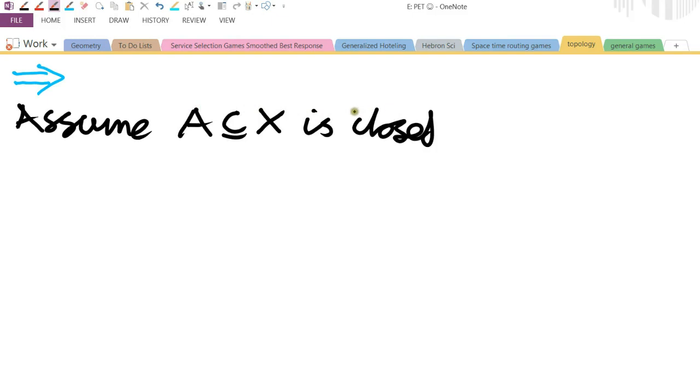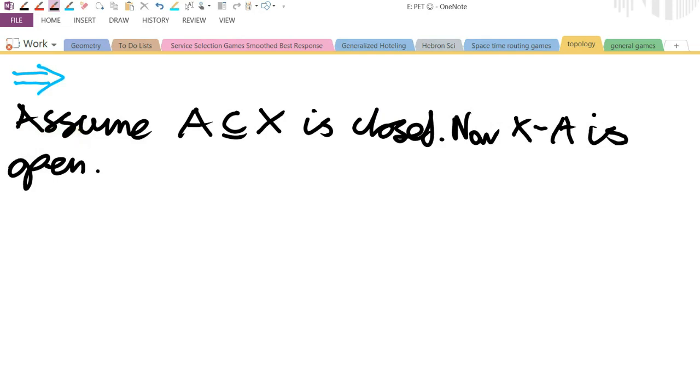I know it's trivial, but let's note that the complement of A is open. That will be important. Now what we're going to do is a proof by contradiction. We want to show that A holds all its own limit points, so we're going to assume that's not the case, that there is a limit point of A which is outside of A, and then derive a contradiction.